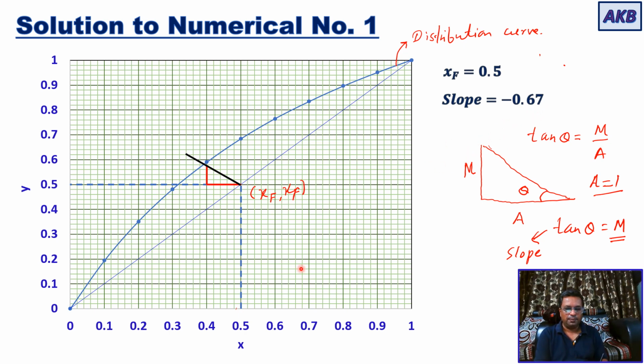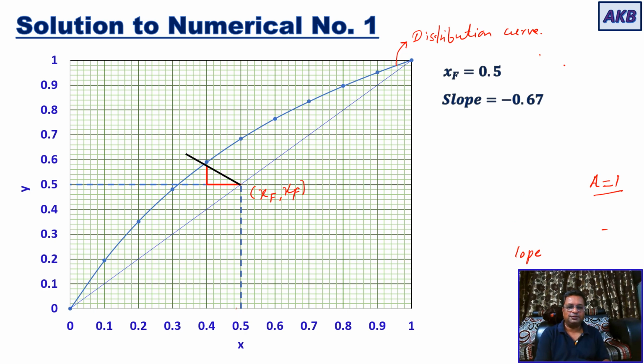Now let me first erase all this. I hope you have understood the concept, how you can plot a line of given slope on a square plot like this. If you have any doubt, please mention those doubts in the comment section.